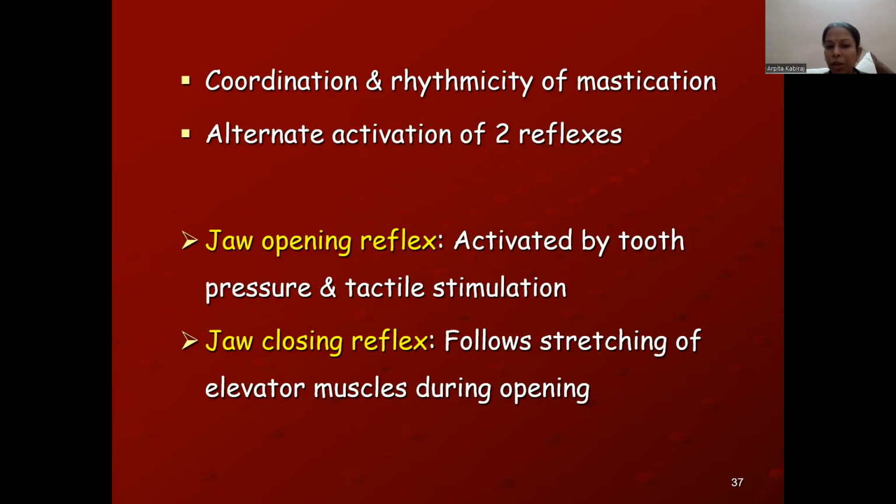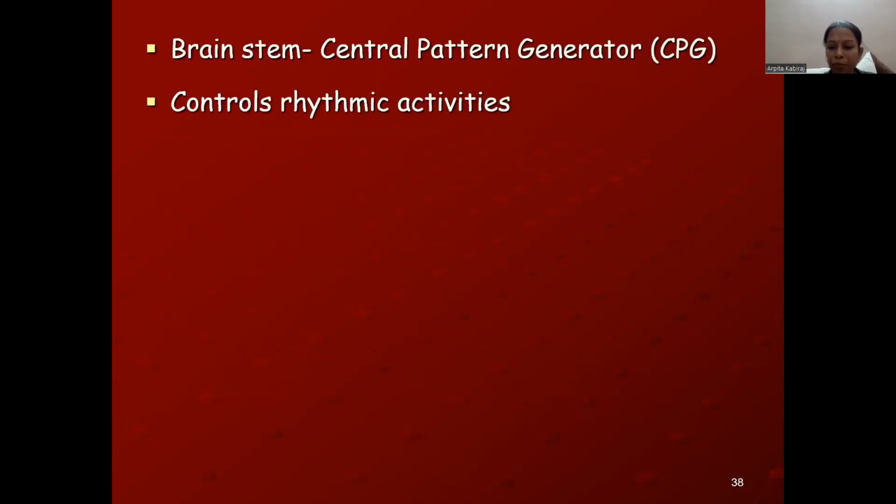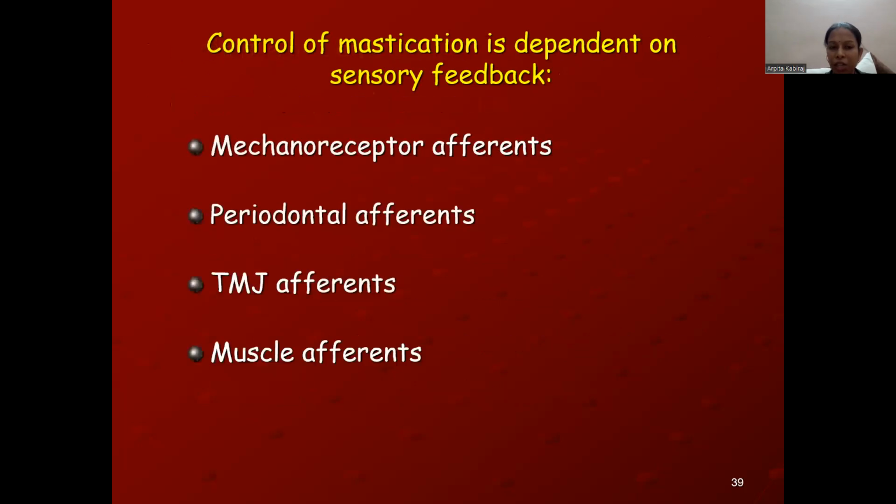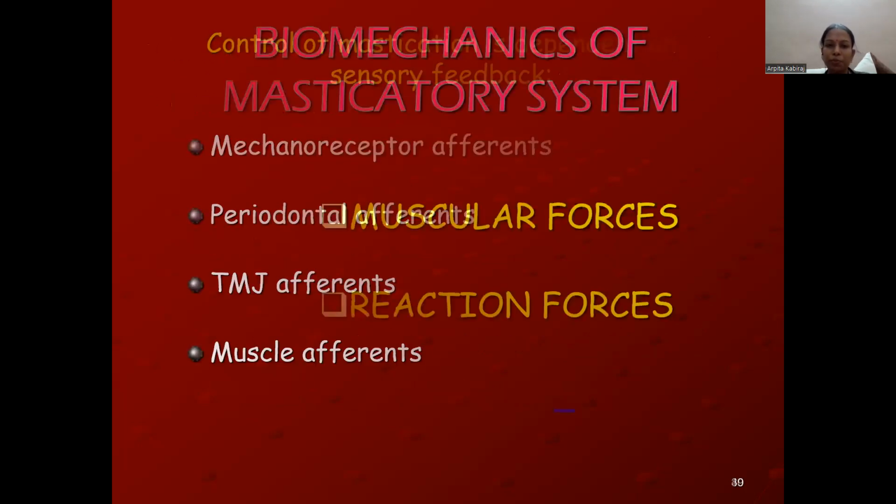Jaw opening is activated by tooth pressure and tactile stimulation. Jaw closing is activated by stretching of the elevator muscles during the opening phase. The brain stem is a central pattern generator area which controls the rhythmic activities. Control of mastication depends on mechanoreceptor afferents, periodontal afferents, TMJ afferents, and muscle afferents.